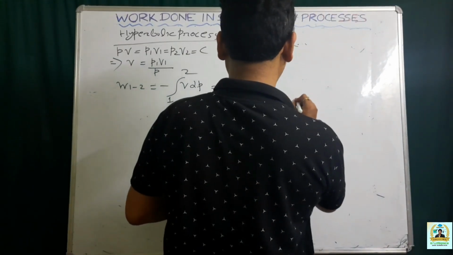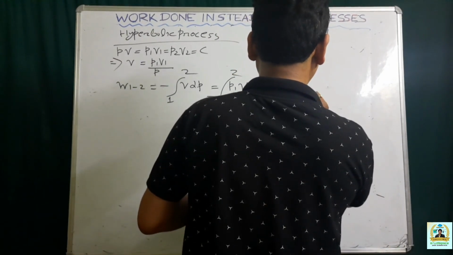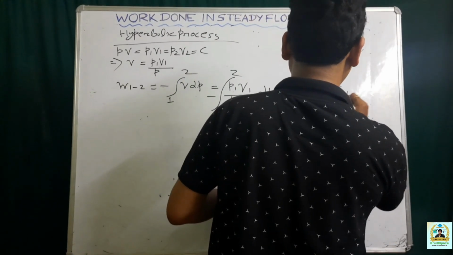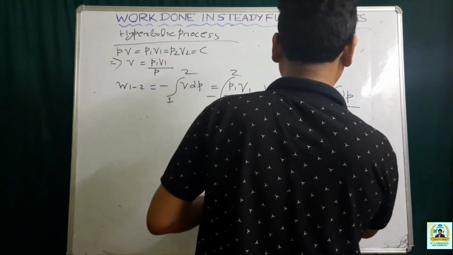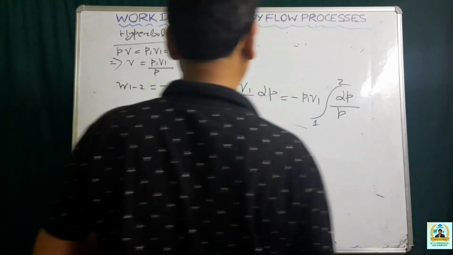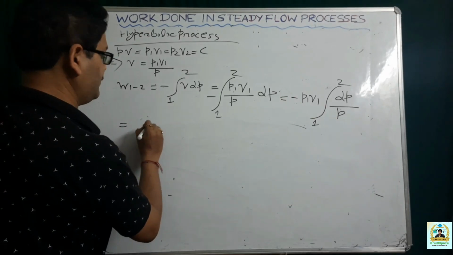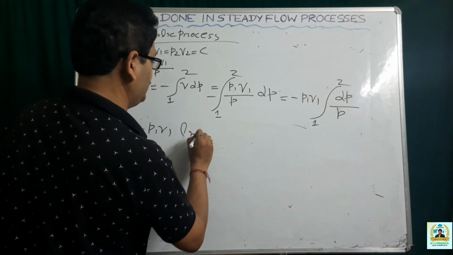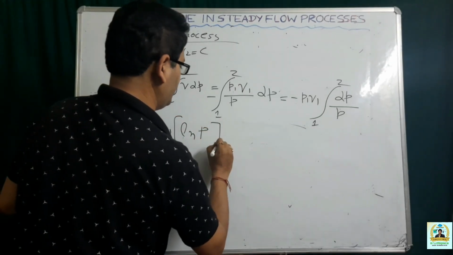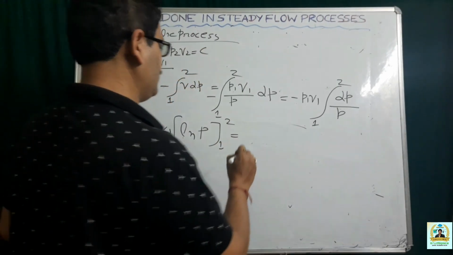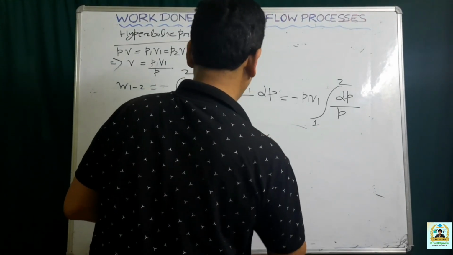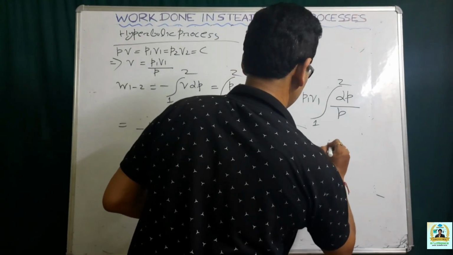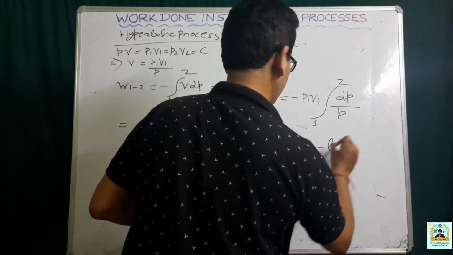So this is equal to minus P1V1 into the integration of dP by P from 1 to 2, to get minus P1V1 ln P from 1 to 2. So that is equal to minus P1V1 times ln P2 minus ln P1.